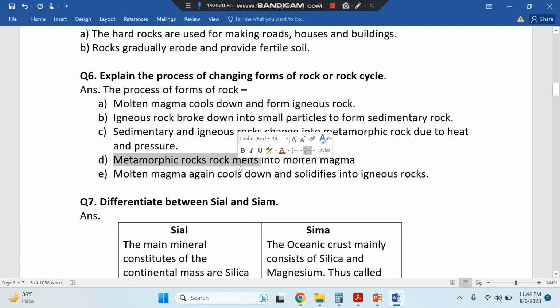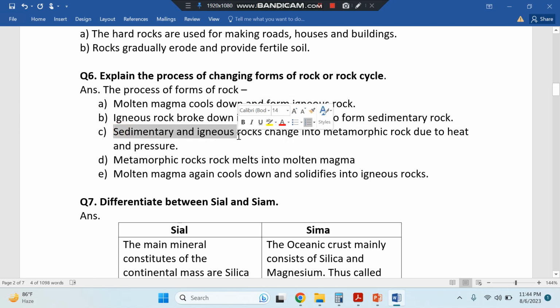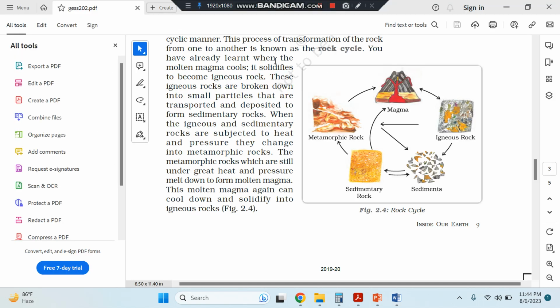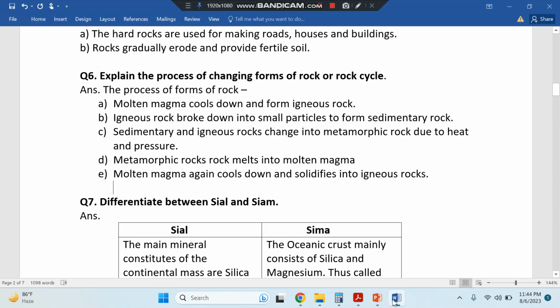Then if there is a volcanic eruption, these metamorphic rocks melt into molten magma. Sedimentary and igneous rocks can also melt into molten magma, and this again cools down and solidifies into igneous rocks. And this is the picture of the rock cycle that you have to draw in your notebook.